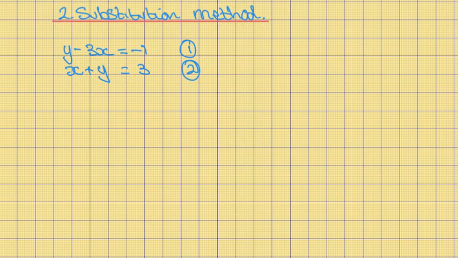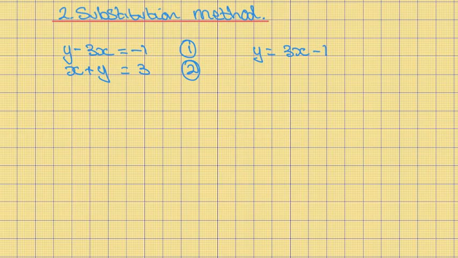So the first thing you have to do is find a value for one of your variables in terms of the other. So if I take equation 1 and rearrange it, I can rearrange it so it reads y equals 3x minus 1. So now I have y in terms of x.